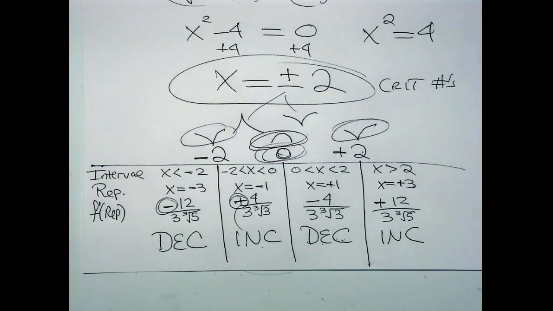Now, the best way to really verify all that is to graph it. So let's go ahead and, again, get our graphing calculator up, and let's take a look. So the curve here, again, is y equals x squared minus 4, all raised to the 2/3 power.